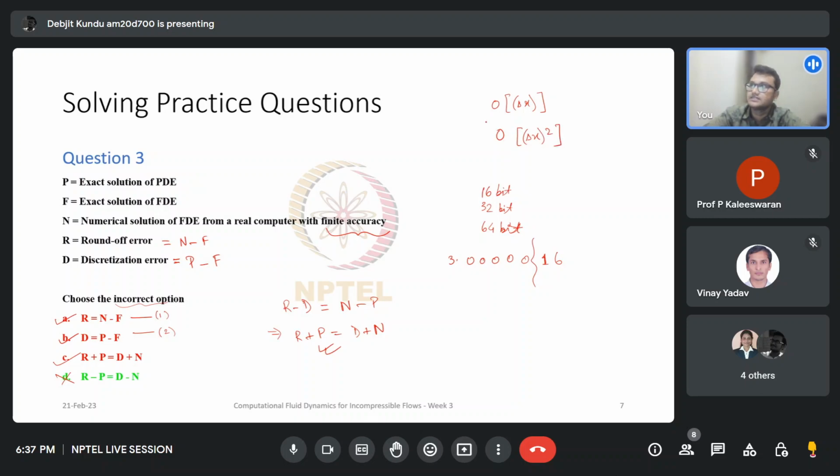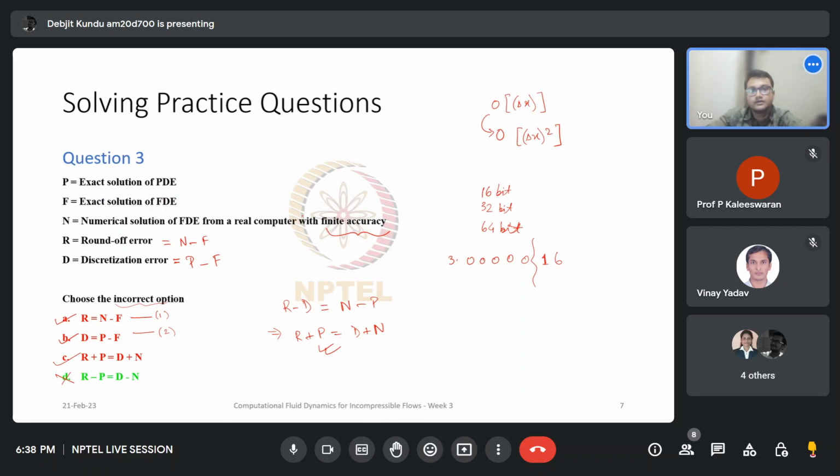This second order one would definitely have much less discretization error. That's why higher order schemes are preferred. But the downside is the equations get a bit more complicated. We have to deal with more terms and more data points at a particular point of calculation.